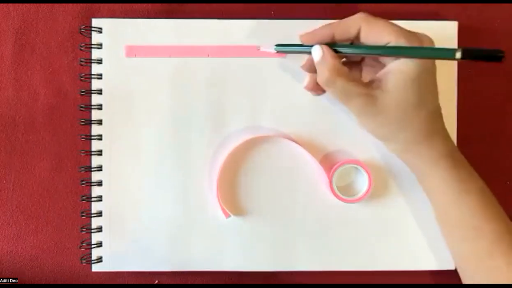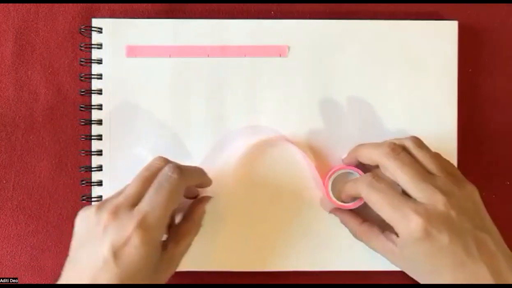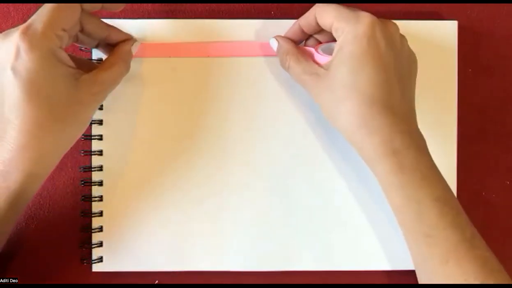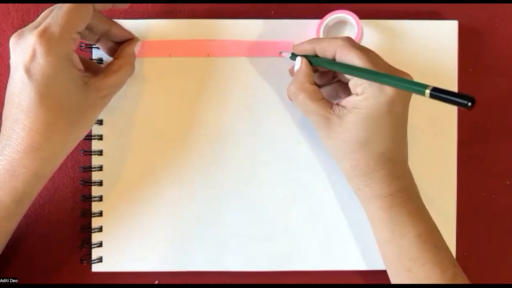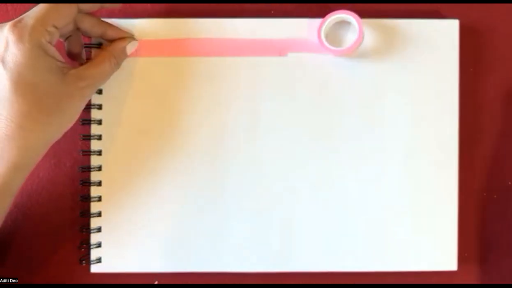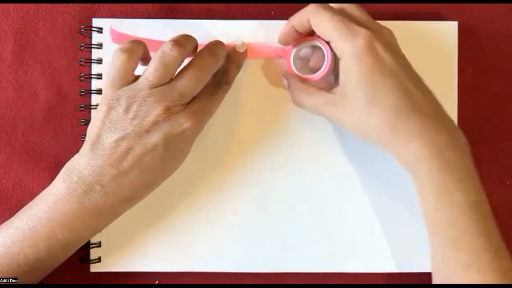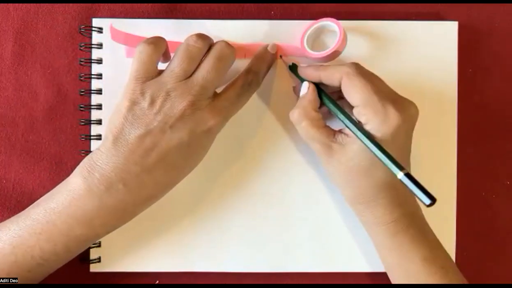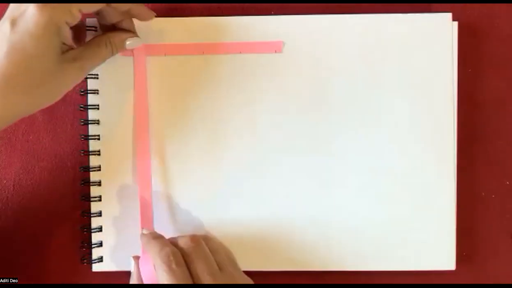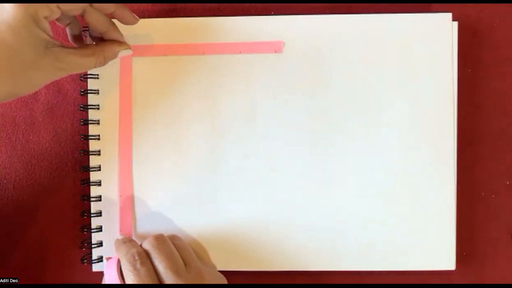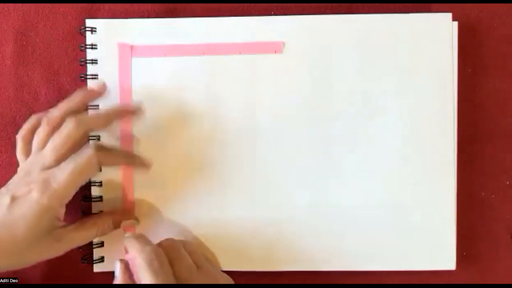I can make 4 parts of this. And then I have to just add one more part. So I get the length as well. So I have 5 parts to 4.